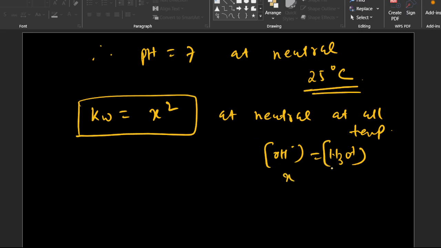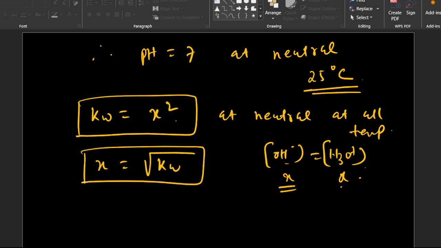So this is X, this is X. So Kw equal to X squared, so X equal to root Kw. This is valid for all temperatures, but the condition is for neutral.